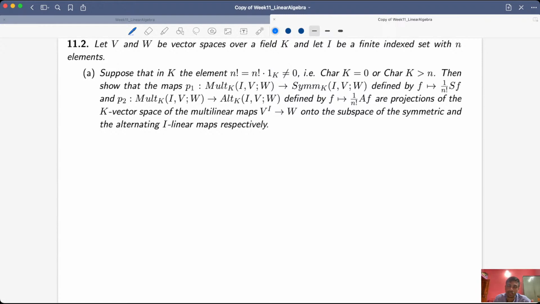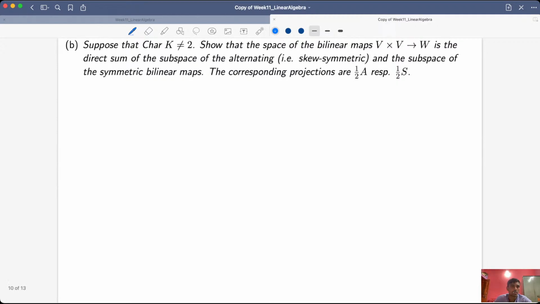As there are factorial n many ways, the factorial n and the 1 by factorial n get cancelled, and we get P1 squared equal to P1. Similarly for P2.